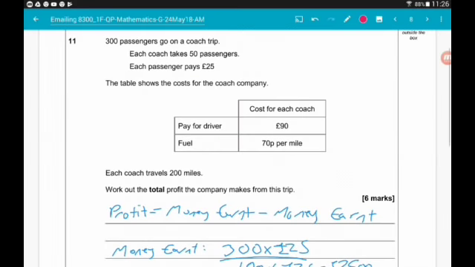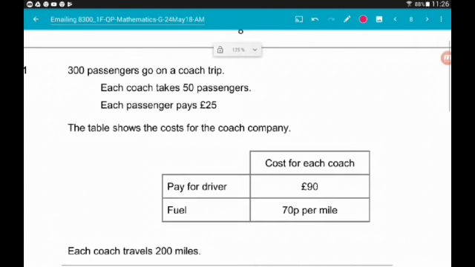So we need to work out how many coaches were used first of all. So there are 300 passengers. Each coach carries 50 passengers.